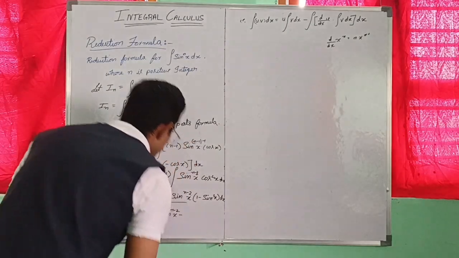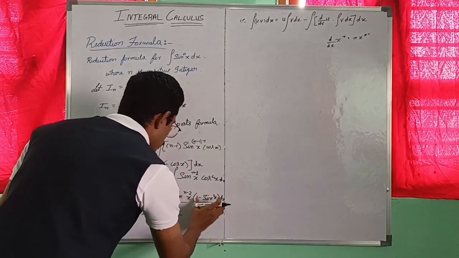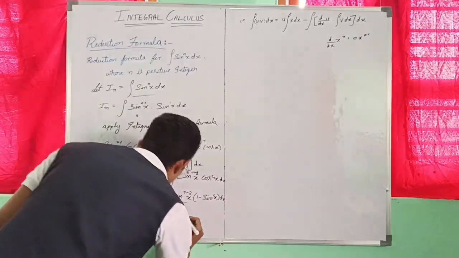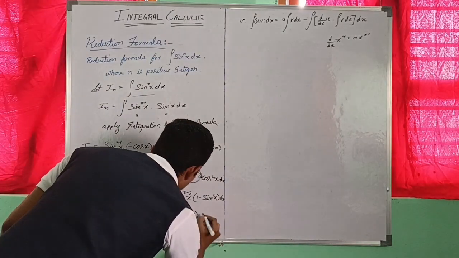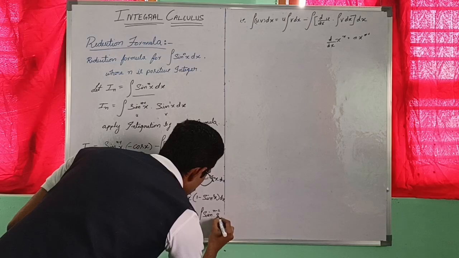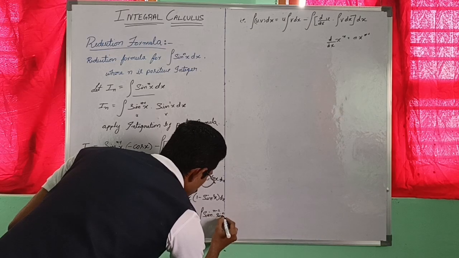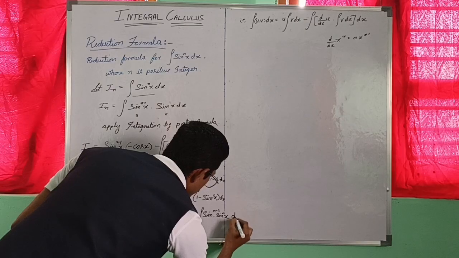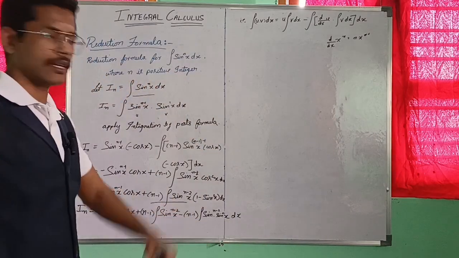Plus into minus is minus. So when we multiply this term by sine square x, it becomes minus n minus 1 integration sine power n minus 2 x into sine square x dx.